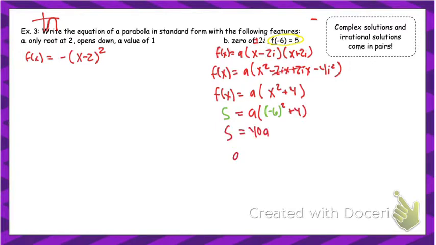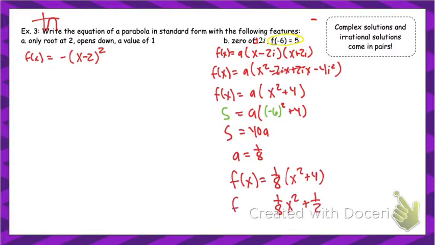So a is equal to 1 over 8, which means that my equation would be 1 over 8 times x squared plus 4, and we're writing this in standard form, so this is going to be 1 over 8 x squared plus 1/2.